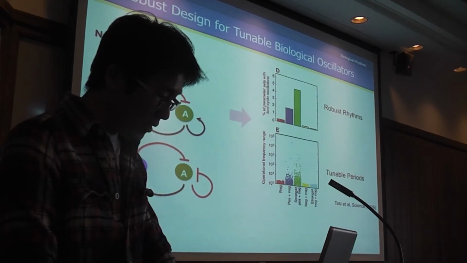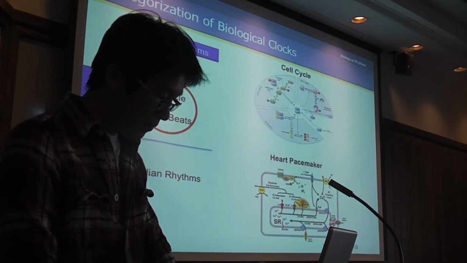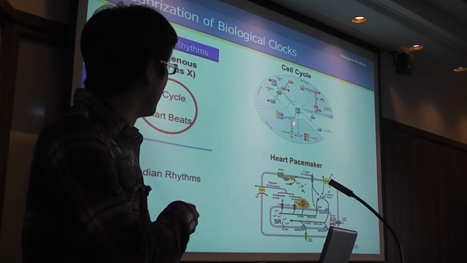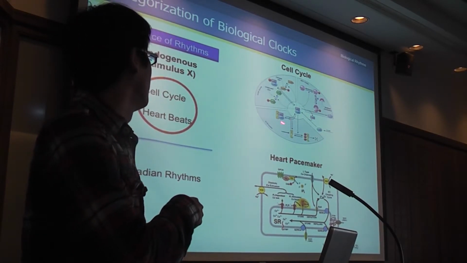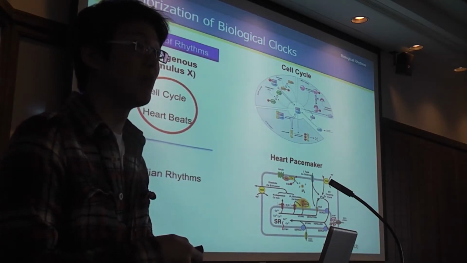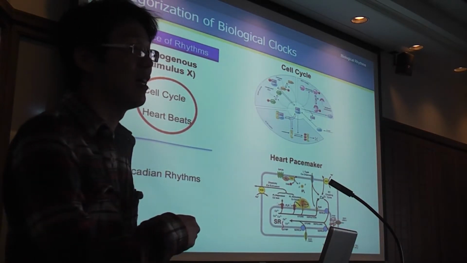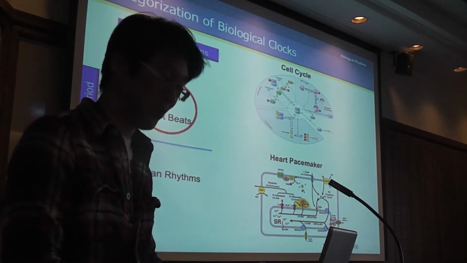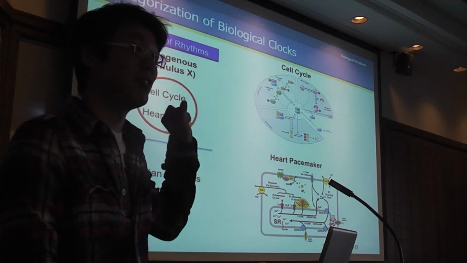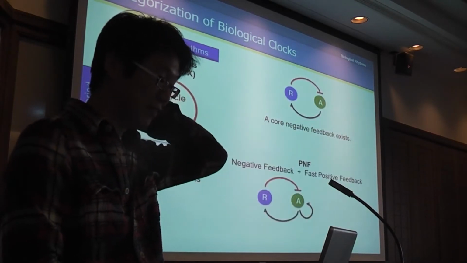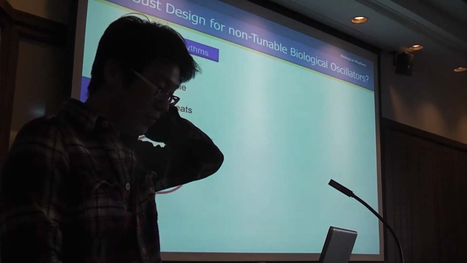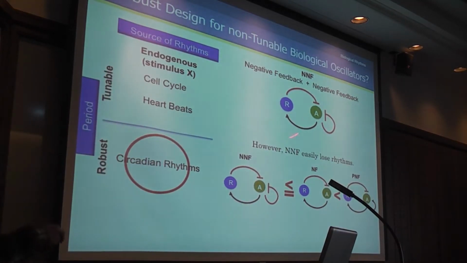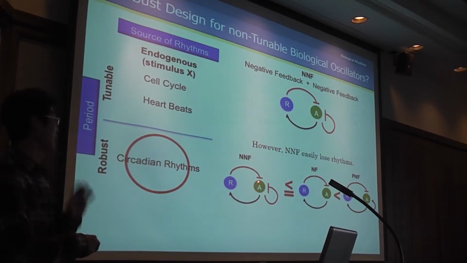So if you look at this biochemical network, you can find some negative feedback loop here, and you can find some additional positive feedback loop. If you look at the circadian clock diagram, you can see a negative feedback loop with an additional negative feedback loop. So we simplify this complex network to this simple model. But the previous study found that this double negative feedback loop structure is actually bad.